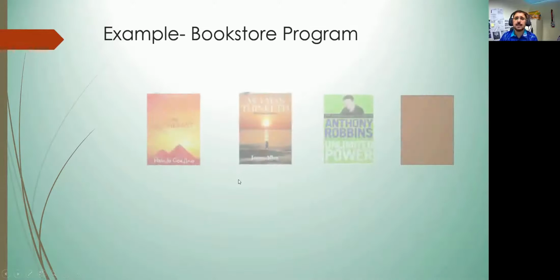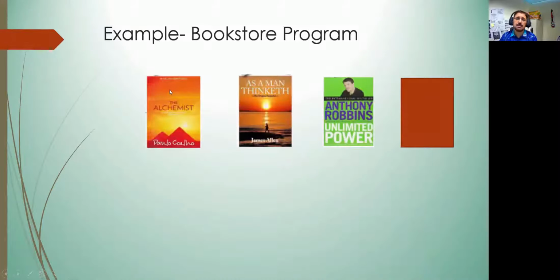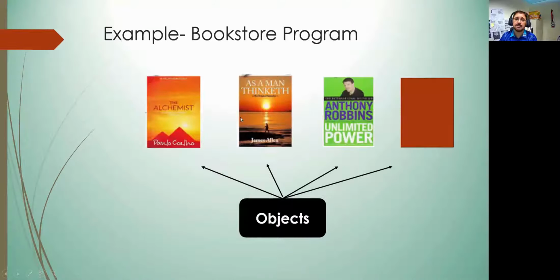How to define it? So you see, if we have, let's suppose, several books, each book is an object. Let's suppose this book is about chemistry, this one is about self-help, and this is human anatomy, and the other books. So many books are there, so each book is an object.